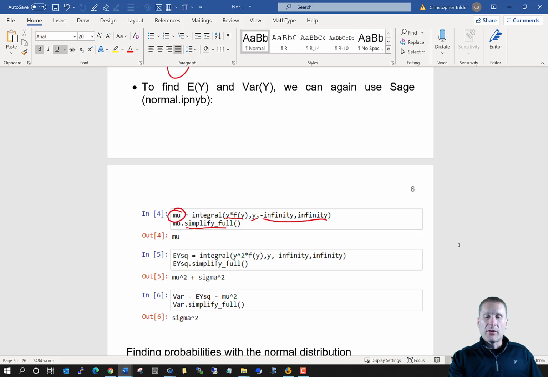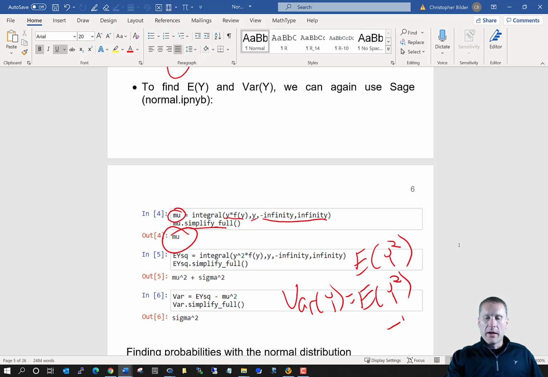And then with the simplify function, guess what? You get mu back. You could do a similar thing for the expected value of y squared. And then using the variance of y is equal to the expected value of y squared minus the expected value of y, that quantity squared, we get sigma squared back for the variance.